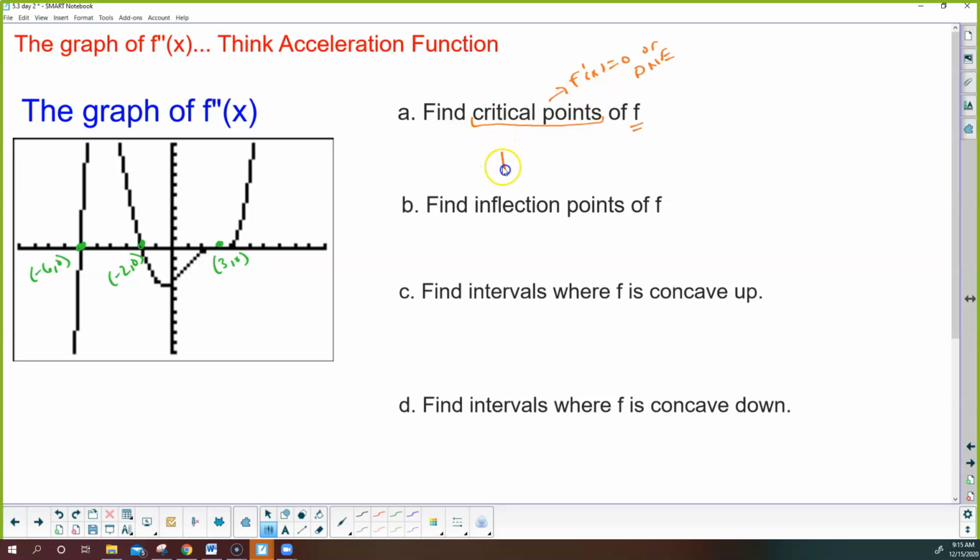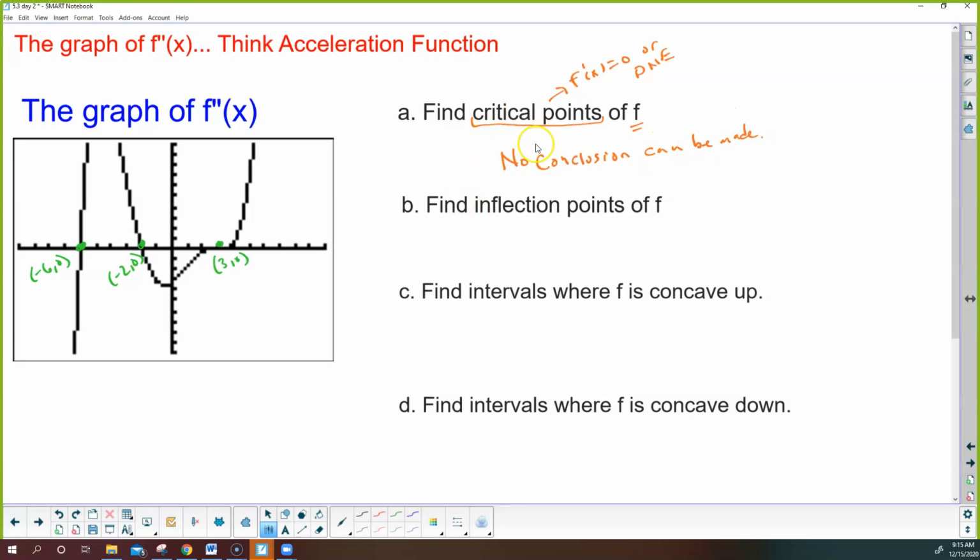So if you're ever asked to go back to find maxes, mins, when something is increasing or decreasing on the original function, even critical points, we can just say no conclusions can be made.